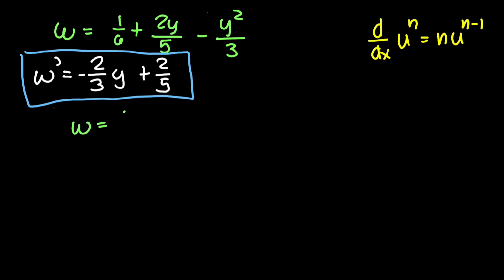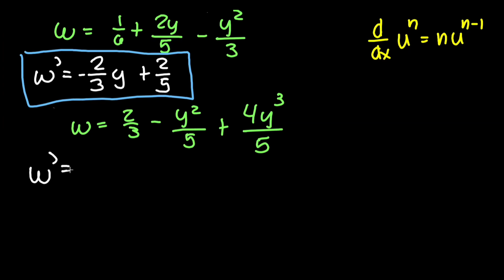W equal to 2/3 minus y squared over 5 plus 4y cubed over 5. Once again, this is a similar problem to this first one. W prime now would be equal to the derivative of 2/3, which is again a coefficient, or a constant, I mean, would be equal to 0, minus y squared over 5.